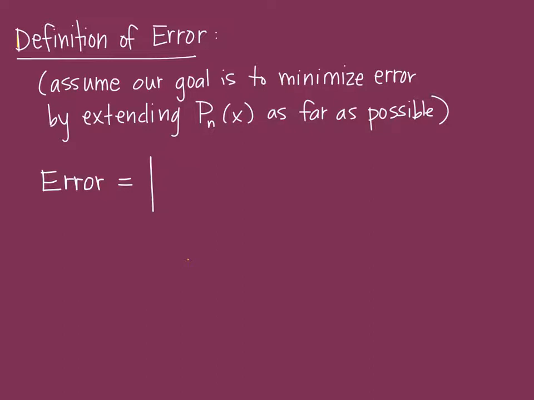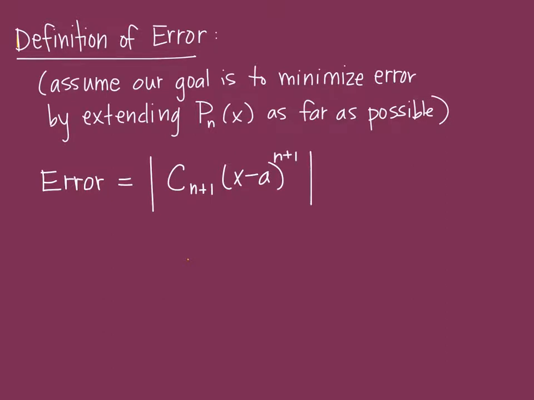We want to minimize that, we want that to be small. Because if we minimize the 8th term, then we know the 9th term is going to be smaller, and the 10th term. But by definition, it is the next term. So it is the coefficient of the next term in the order, which would have come next, and then x minus a, where I have it centered, to the n plus 1 power.